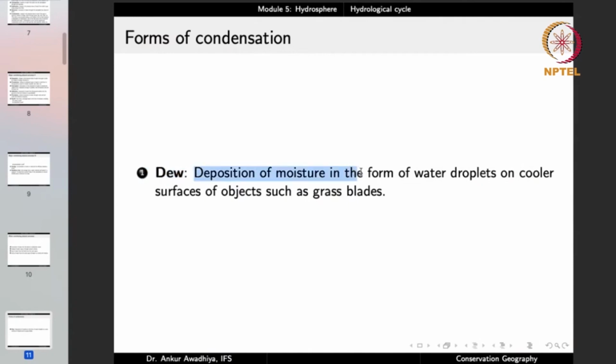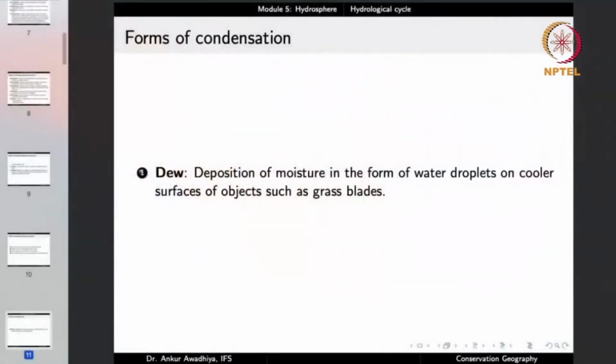Dew is the deposition of moisture in the form of water droplets on cooler surfaces of objects such as grass blades. And you will typically observe dew formation in the winter months. So if you go out early morning in a winter month, you will find that on the cooler surfaces such as grass or, say, the bodies of vehicles, you will find very small droplets of water.